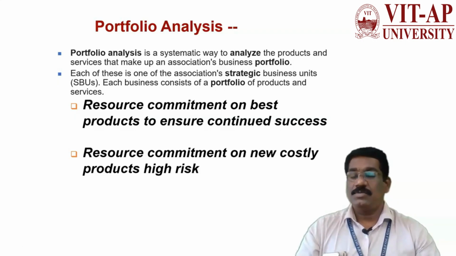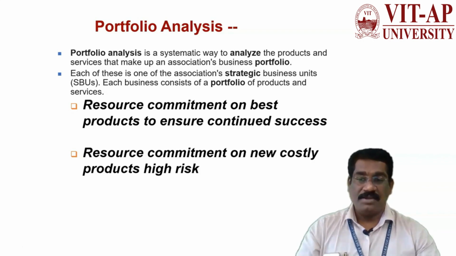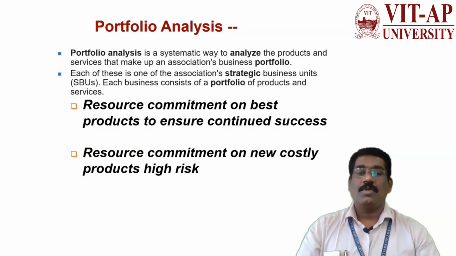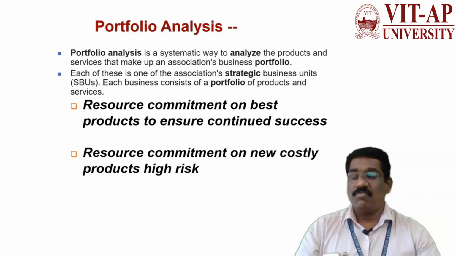All these are considered SBUs, and they want to understand which product line is really performing well using this BCG matrix, and also how much resource commitment to put on a new costly product. Is there any high risk involved in it?